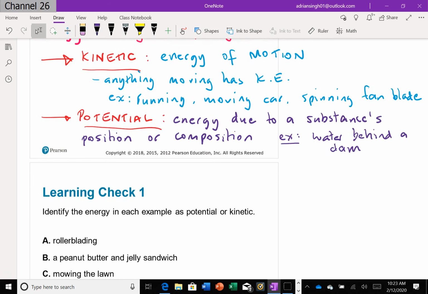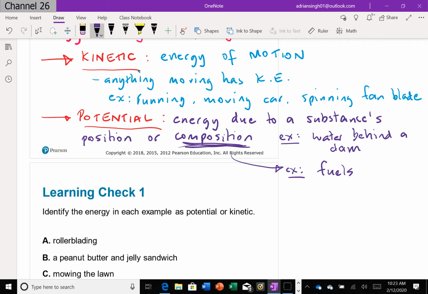Another example of potential energy that we may not think about is the potential energy due to something's composition. What is it made up of? And good examples of this would be things like fuels. Right, just based on their composition.